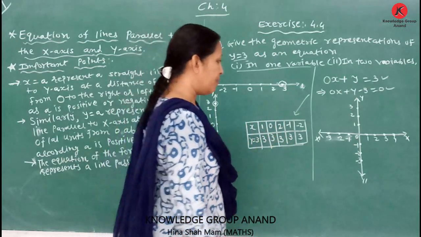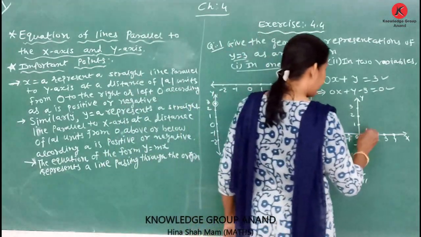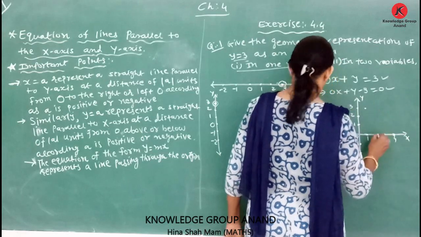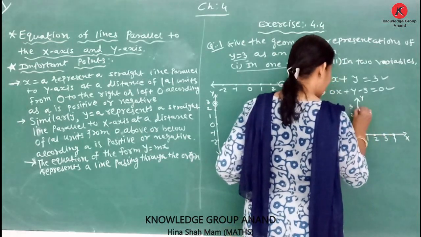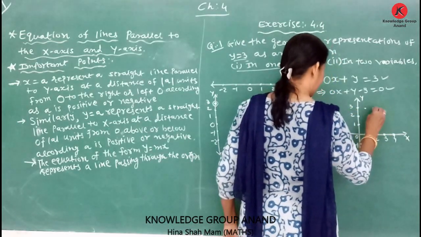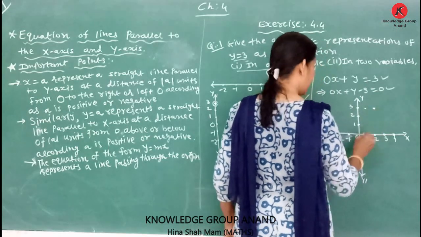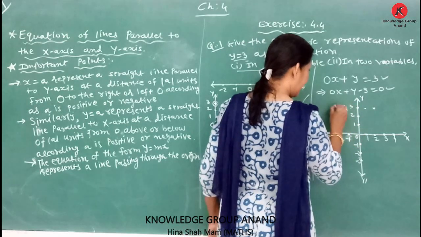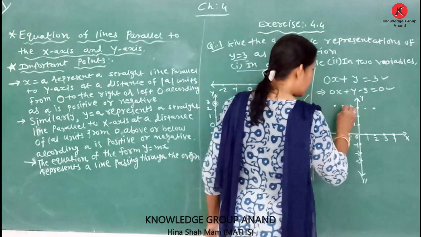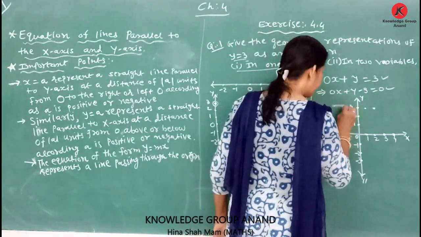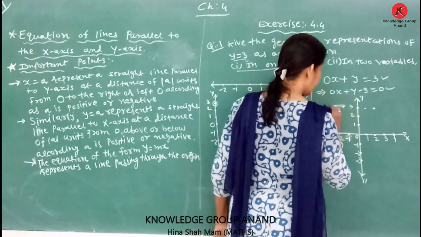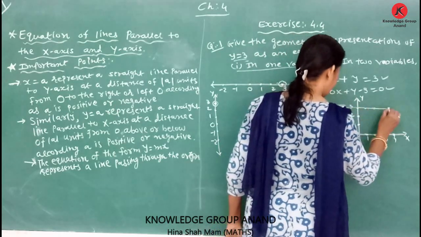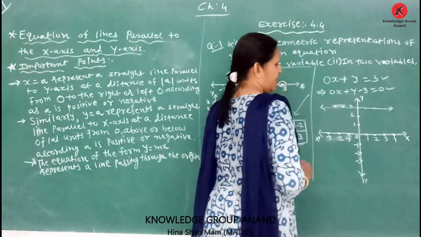Why is it parallel? We plot it. The point (1, 3) is here. (0, 3) is here. (2, 3) is here. Minus 1, 3 is here. And minus 2, we join them.